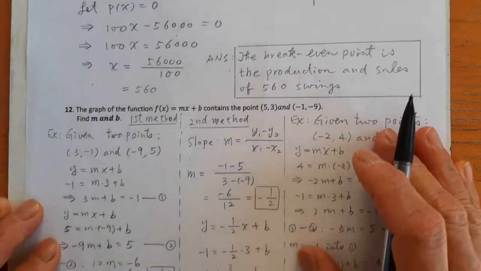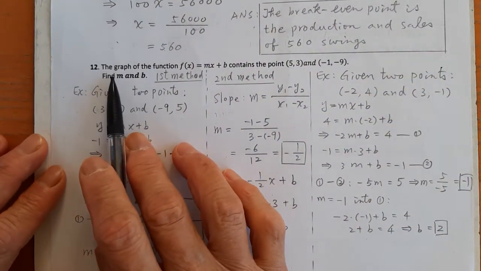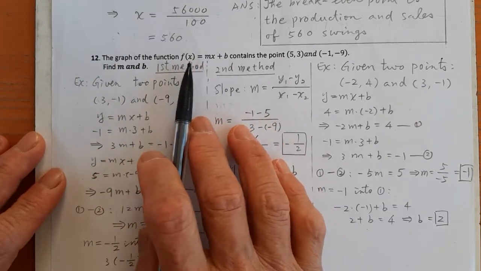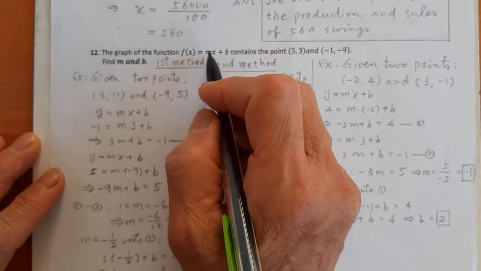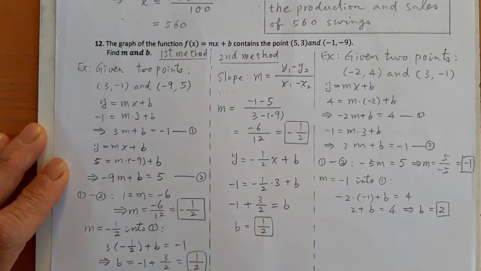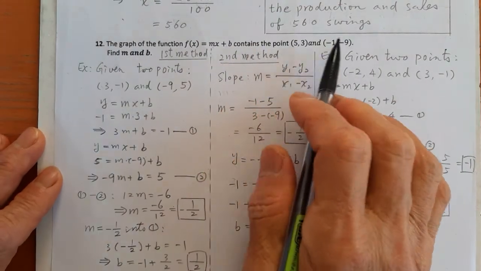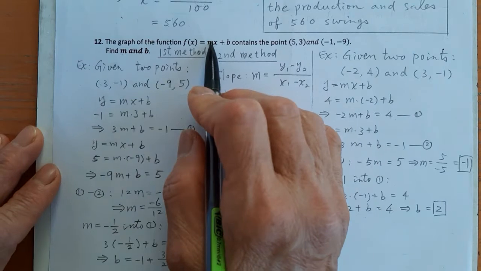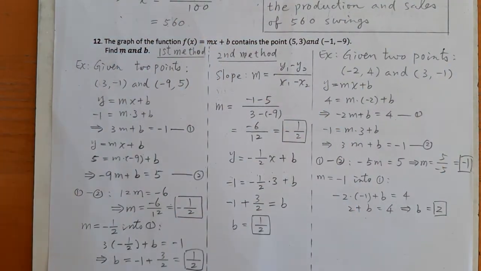And question 12. The graph of this function we call a linear function, y equals mx plus b, the slope-intercept form of a linear function, that contains the 2 given points. Find m, the slope, and b, the y-intercept. So let's see the example.